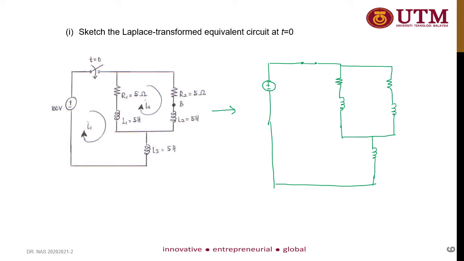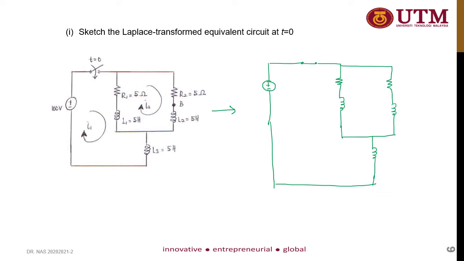Okay, since there's no initial current or initial voltage, so you don't have to consider adding the additional source in series with the inductor. So don't forget to convert all components into S domain.